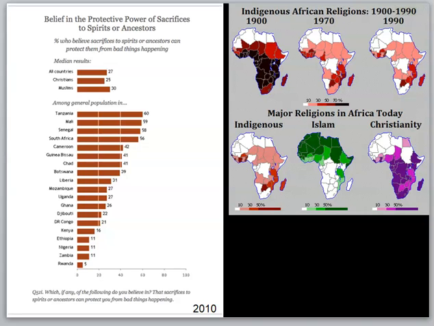If you go further to the left, you're going to see an overlay of indigenous belief system that lingers and still remains in the territory covered largely by Islam and Christianity. Even today, there is the practice of animism, but it is the traditional faith that, as you can imagine, is over time shrinking and giving way to Islam and Christianity.